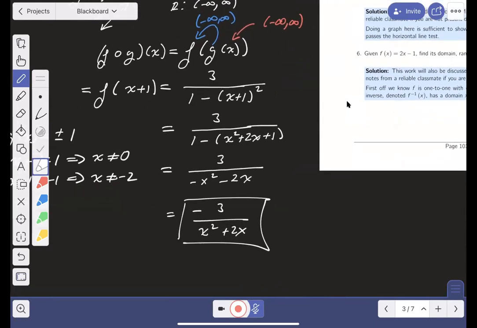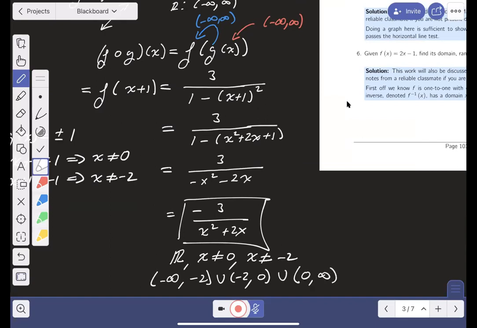So it's all the real numbers, but I can't let in 0, and I can't let in minus 2. Let's write that down. Minus infinity up to minus 2, union, minus 2 up to 0, union, 0 to infinity.